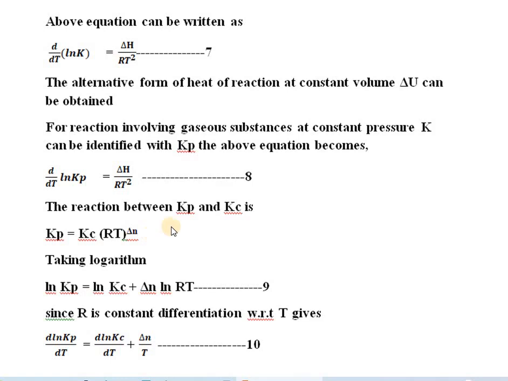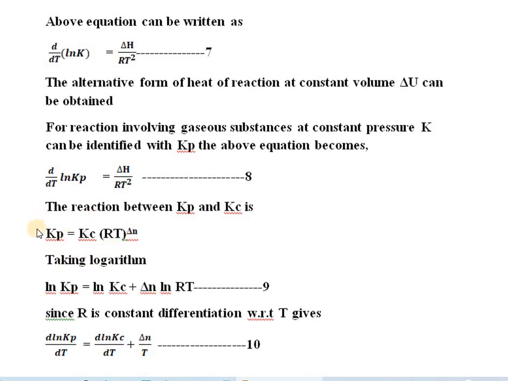But you know that the relation between Kp and Kc is Kp is equal to Kc into RT raised to delta n, where delta n is the difference between the number of moles.